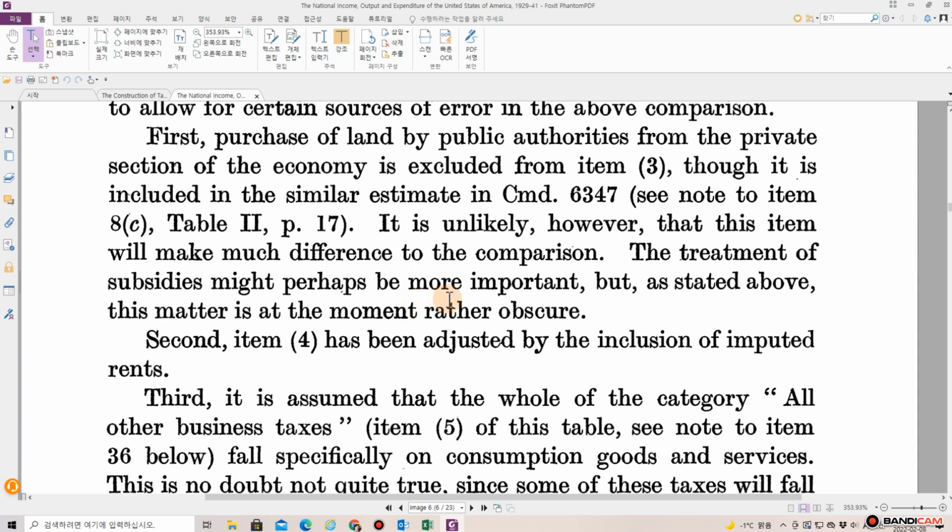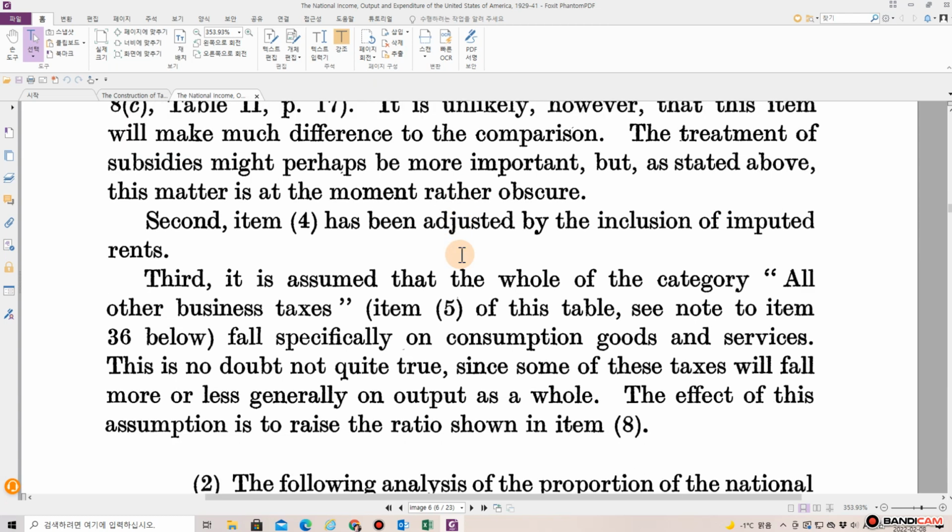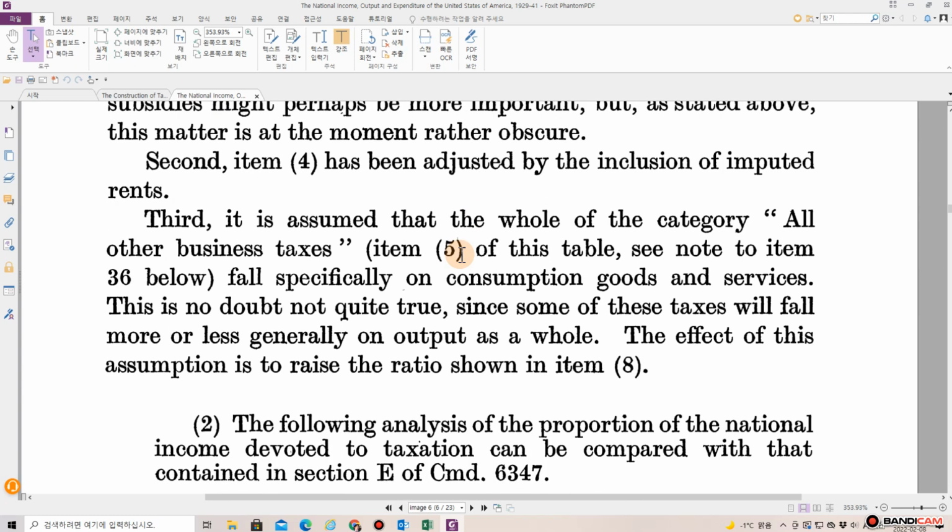It is unlikely, however, that this item will make much difference to the comparison. The treatment of subsidies might perhaps be more important, but as stated above, this matter is at the moment rather obscure. Second, item 4 has been adjusted by the inclusion of imputed rents.